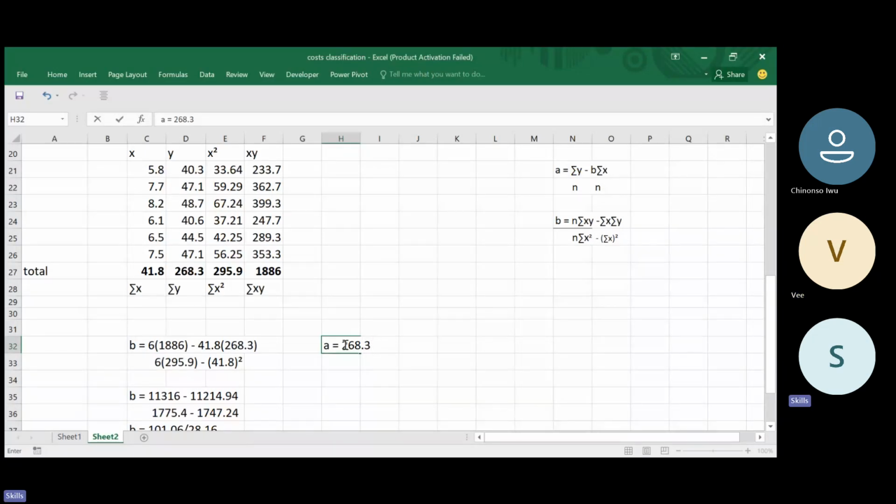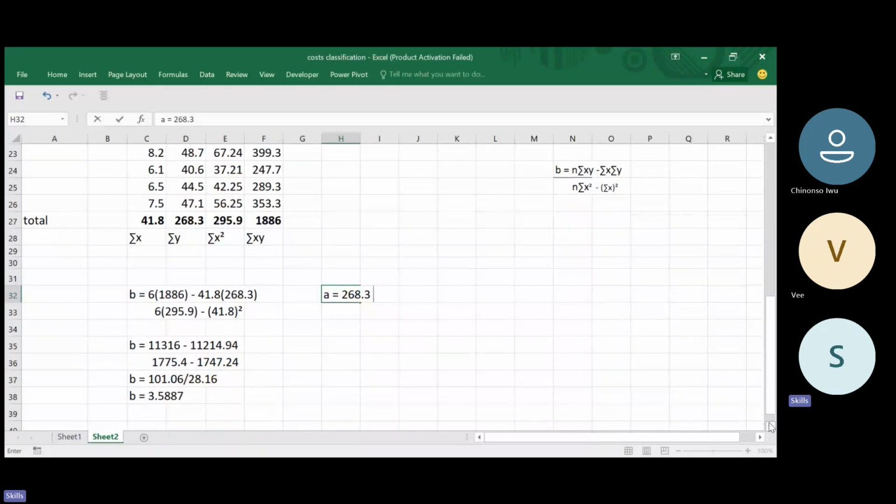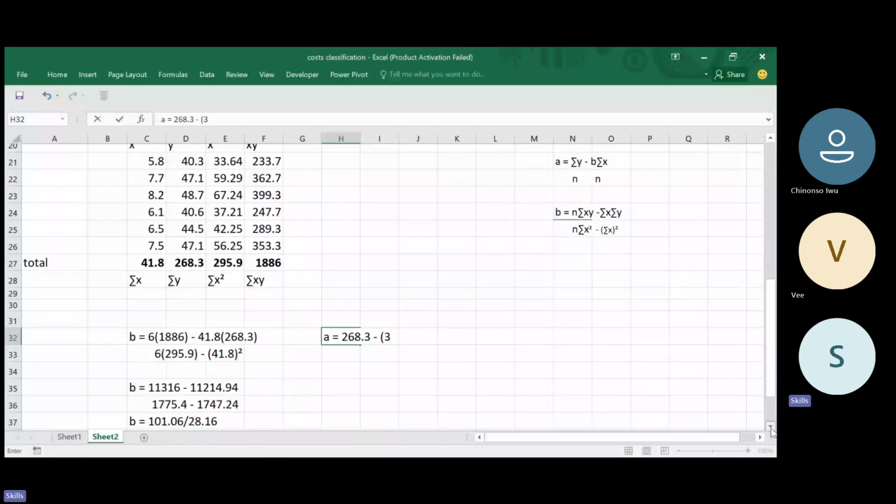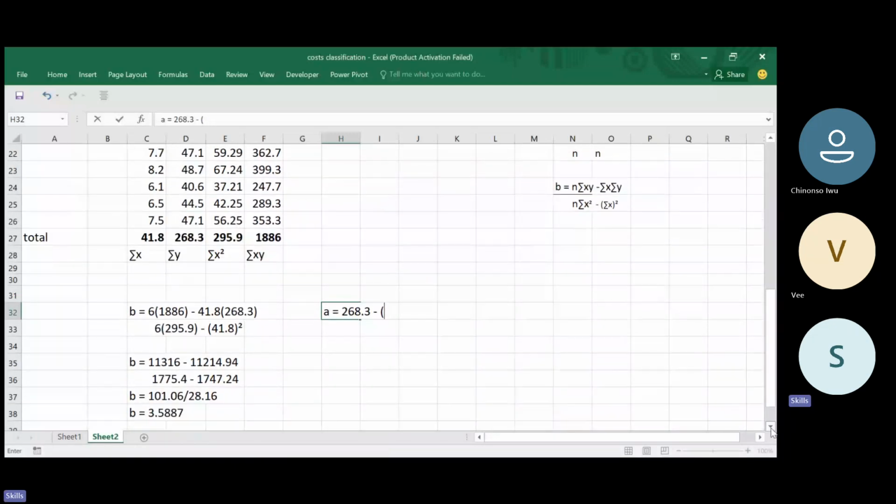Then we have our B, the value of B that we've determined here, 3.5887. So minus our B, not in bracket, 3.5887.